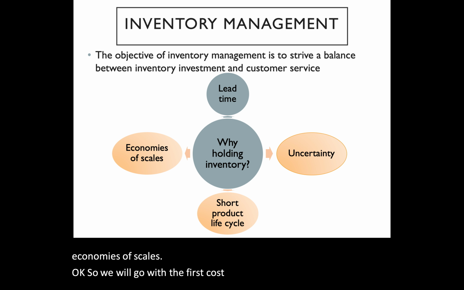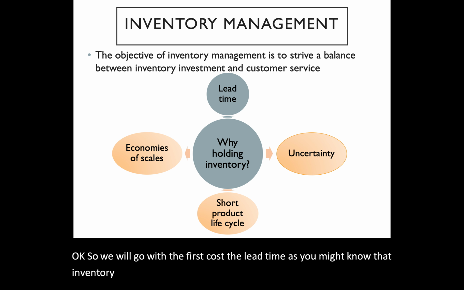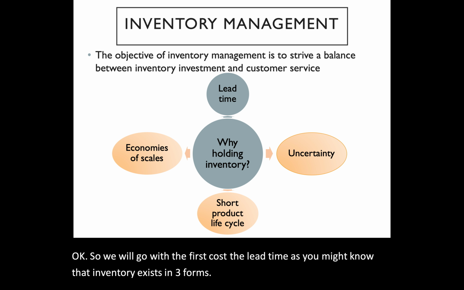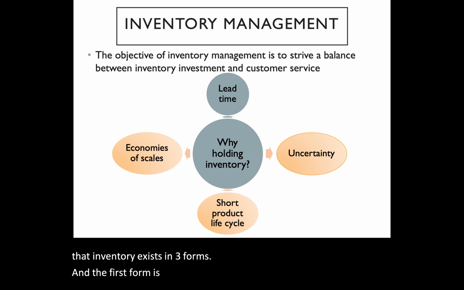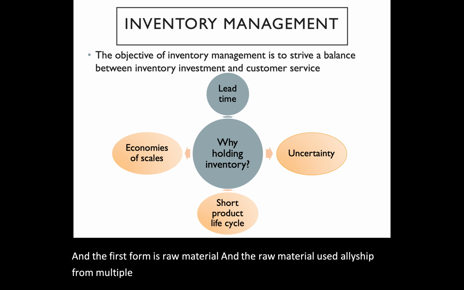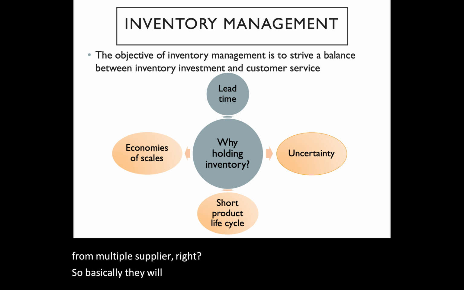As you might know, the inventory exists in three forms. And the first form is raw material. And the raw material is usually shipped from multiple suppliers, right? So basically they will have different replenishment times.